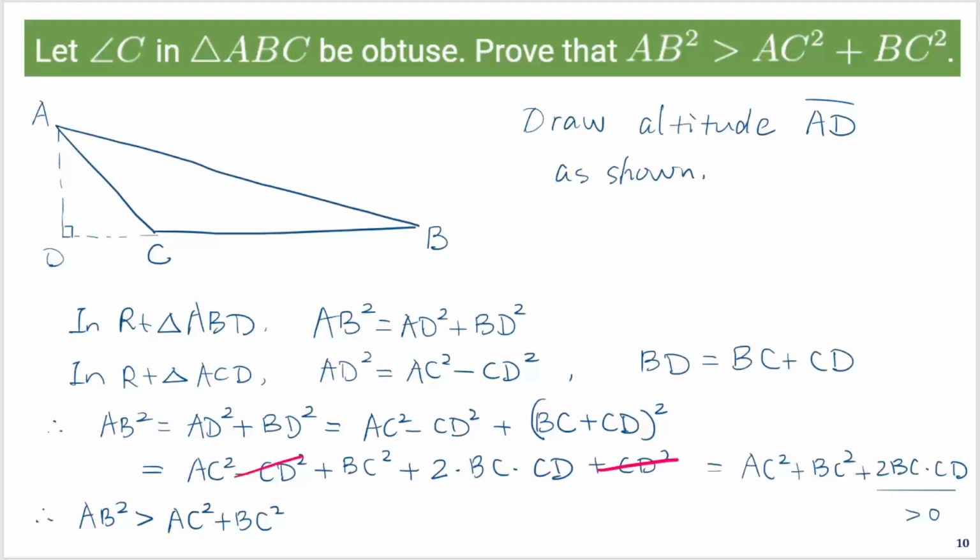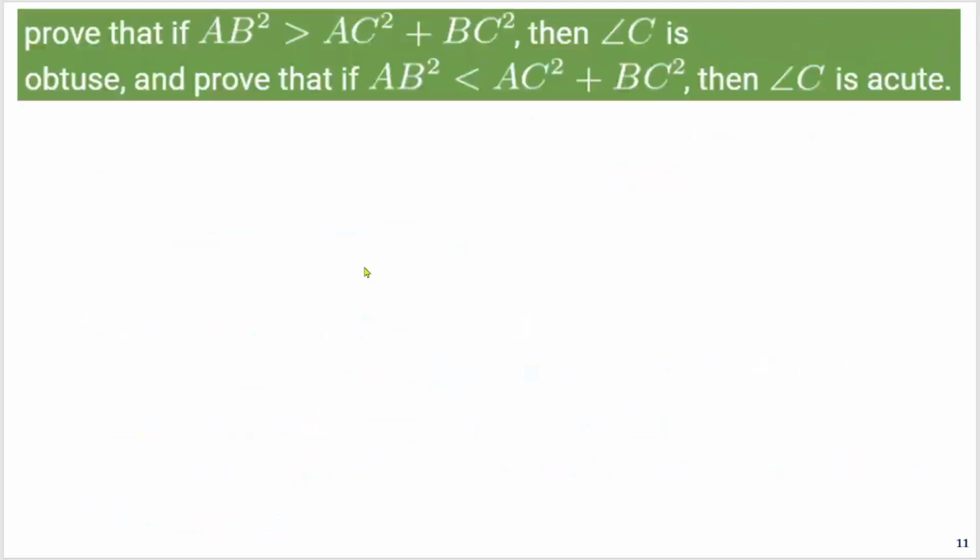So now let's investigate if the converses of the inequalities we have just discovered are also true, which means, can you prove that if AB squared is larger than AC squared plus BC squared, then angle C is obtuse?